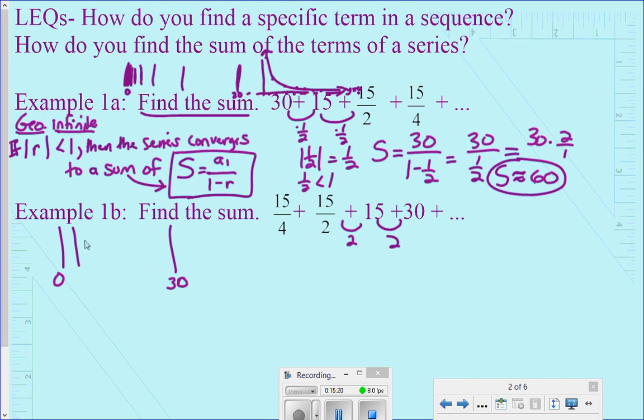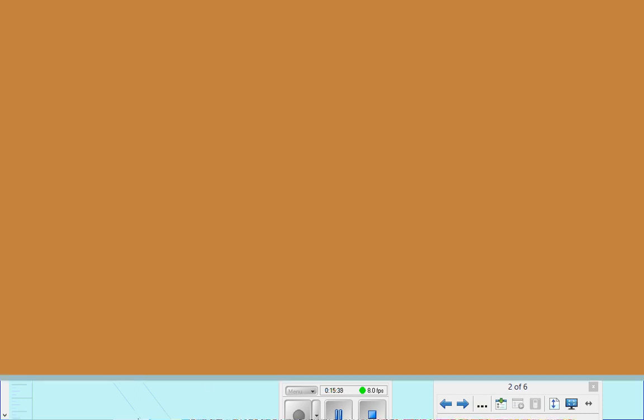And then 15 halves here, and then 15 halfway, and then 30, I'm right there. So what's happening? The numbers are doubling. Well, if I kept going even further, my next would be 60, which is all the way down here. And then my next would be 120 all the way down here.